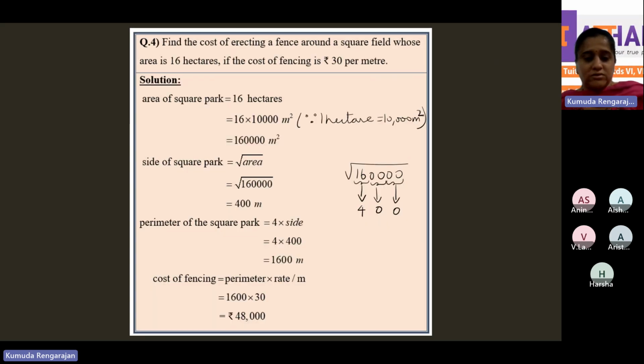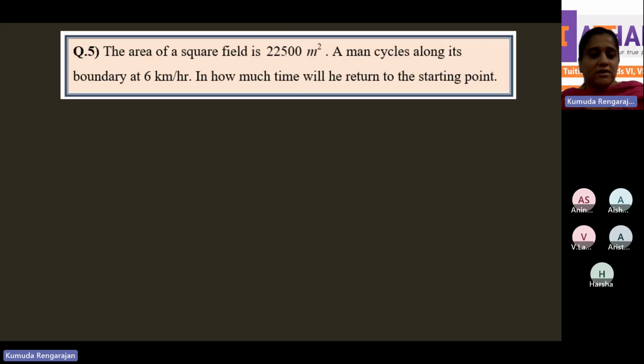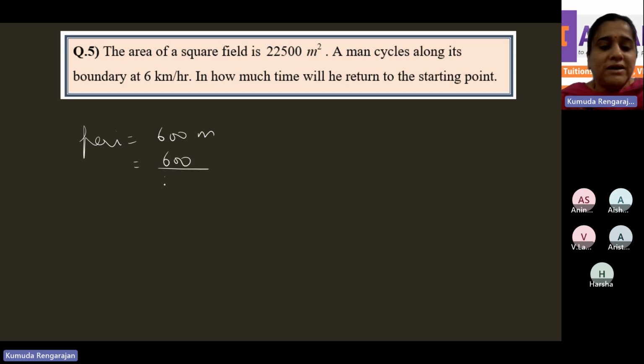Now, see your children, I just want to talk about this one again. Perimeter, what's the perimeter you got? Look at your book and tell me. 600 meters, right? So that's 600 by 1000 kilometers. Supposing you simplify, two 3s are 6 and two 5s are 10, you can leave it as 3 by 5 kilometers.